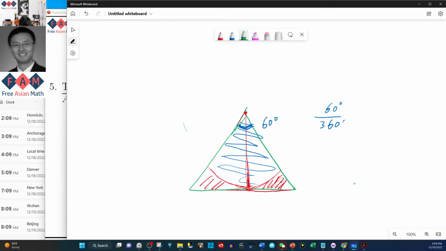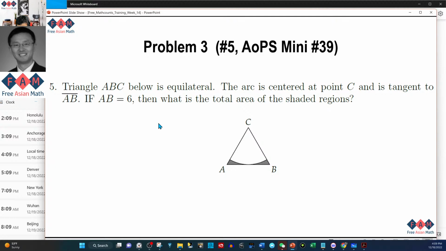So it's essentially a circle, but we just take 1/6 of it. The only problem is, do we know the radius? Well, it's not directly given, but because we know the side length, this is half of an equilateral triangle, a 30, 60, 90 triangle. So this can be easily computed.